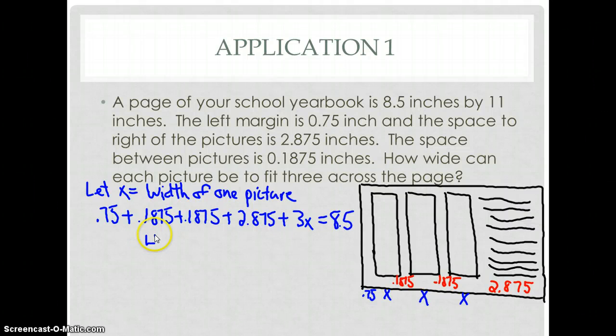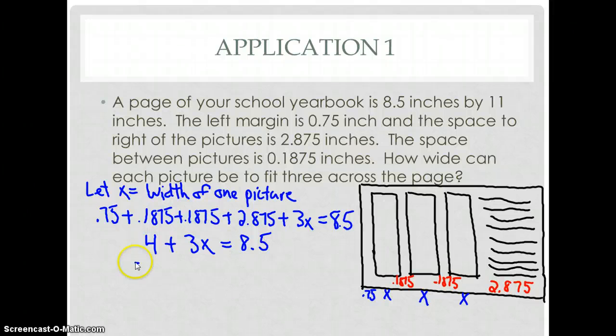That gives us 4 plus 3x is equal to 8.5. Hopefully from here, we figure out how we can solve this.